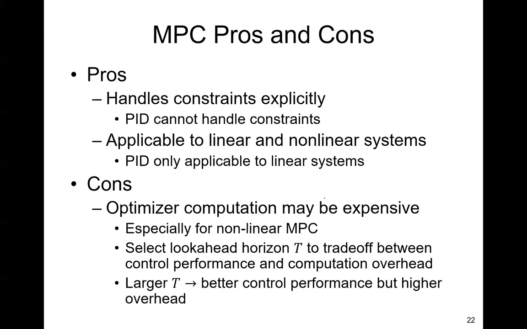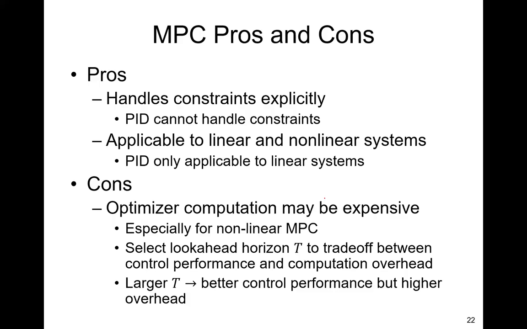People have said that PID control is like driving while looking at your rearview mirror, because PID cannot look ahead or perform prediction, whereas MPC is like driving while looking through your front windshield, because you can look ahead, but it depends on the given system model, which must be accurate.